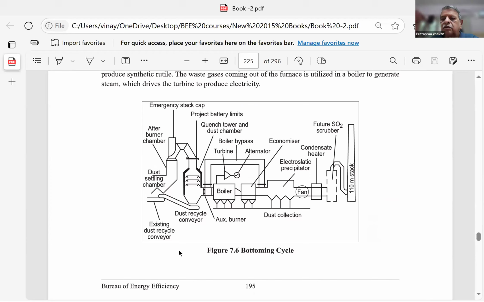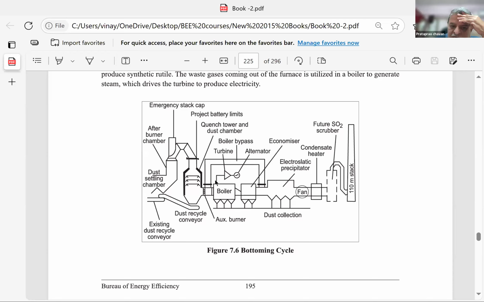The gypsum solids are to be roasted to a desired value. So the fuel is burned in combustion chamber. The combustion chamber goes to the roasting chamber and the exhaust of this roasting chamber, which is very high, about 700 degrees centigrade, is allowed to go through a filter to a boiler.